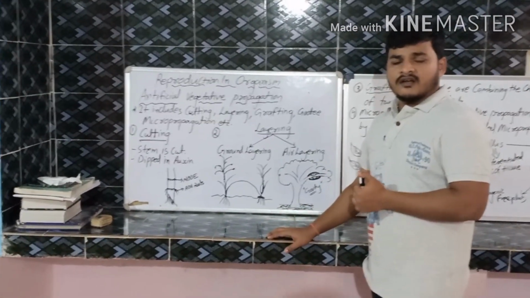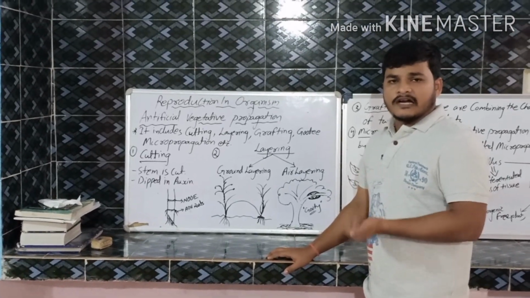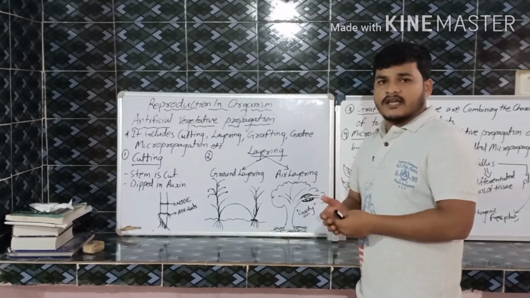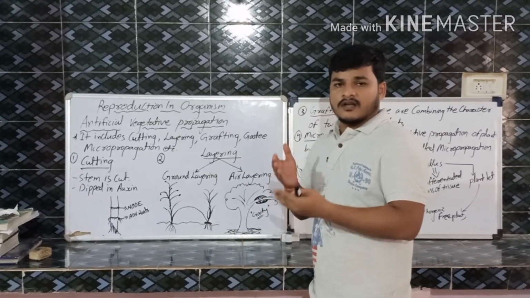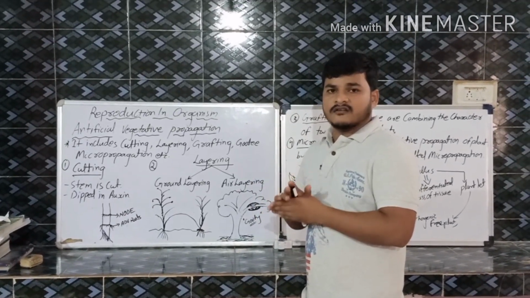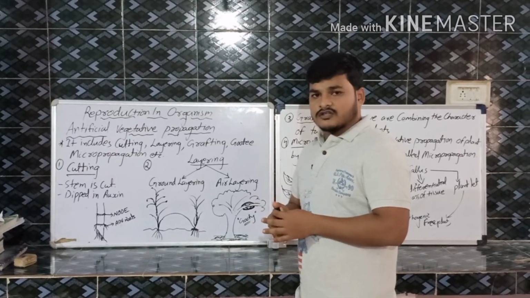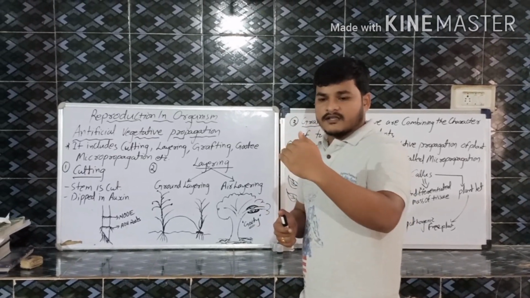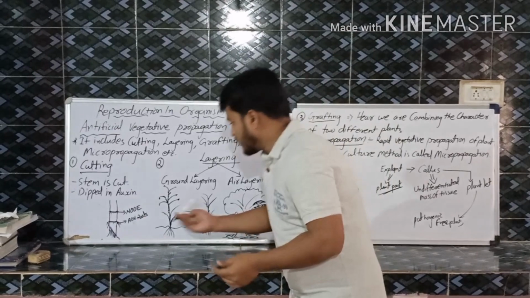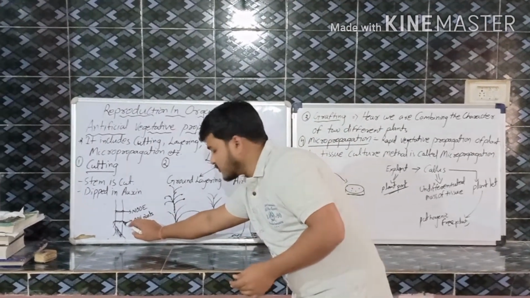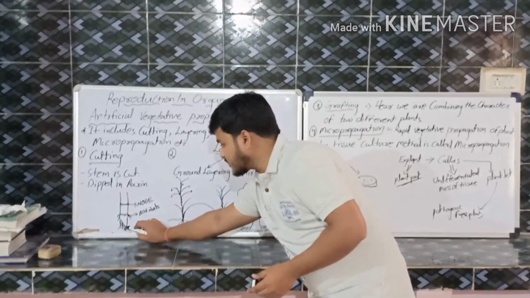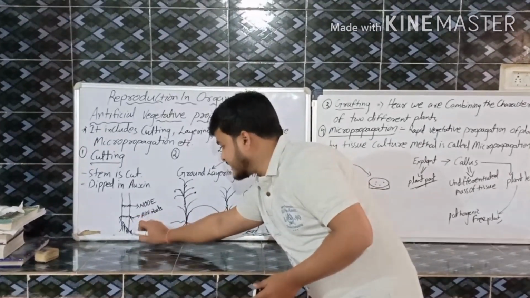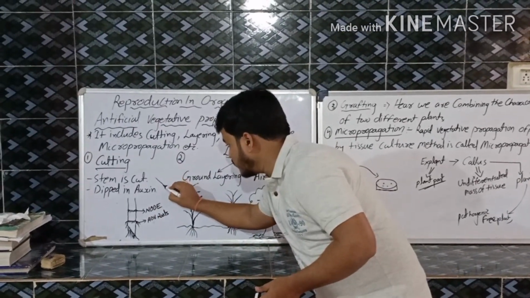In the process of cutting, we artificially cut a healthy stem part of a plant, and this cut should be slender in nature. That means the cut takes place below the node part, as the diagram shows. The cut is slender, a downward cut.